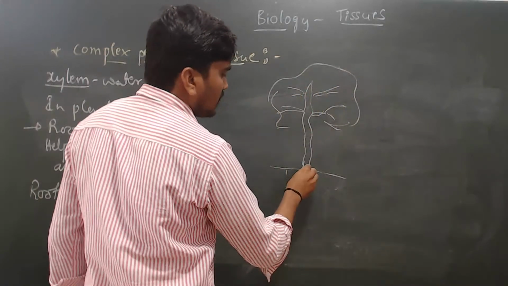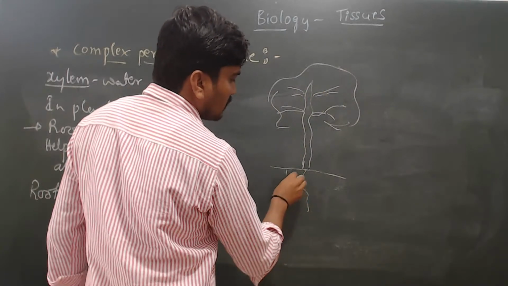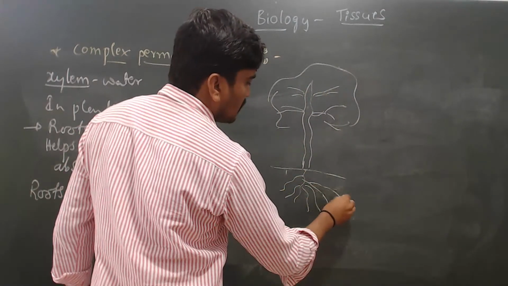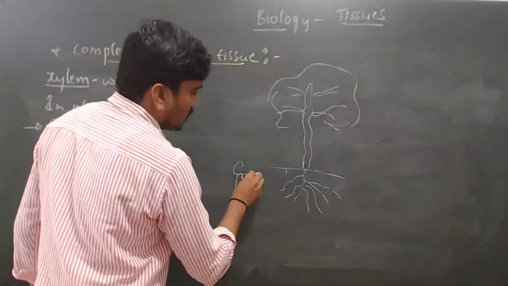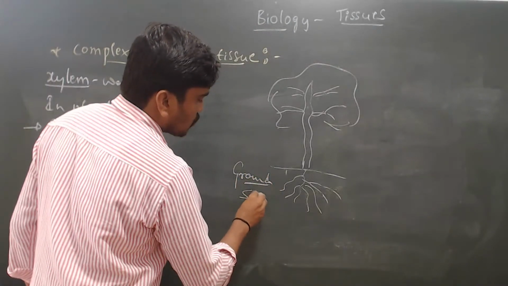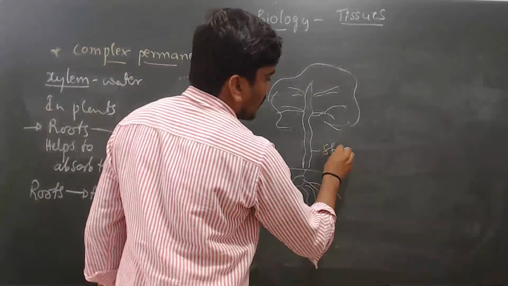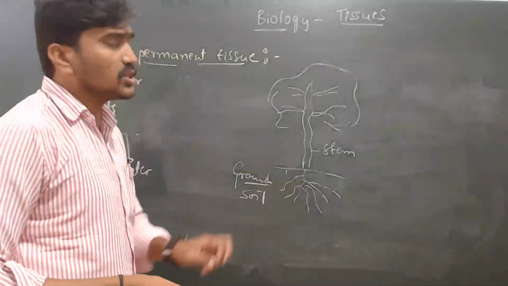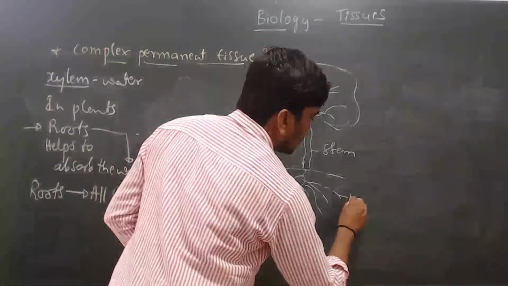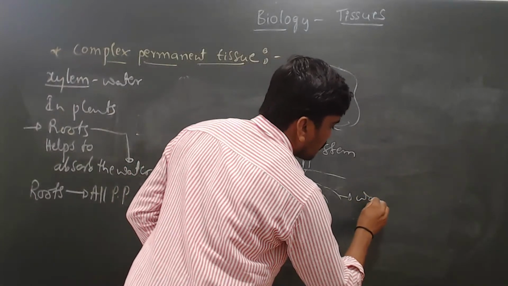Branches, stem part, and here the roots are present. These roots are present in the soil, inside the ground. This is the stem part, and these roots in the plant help to receive the water.